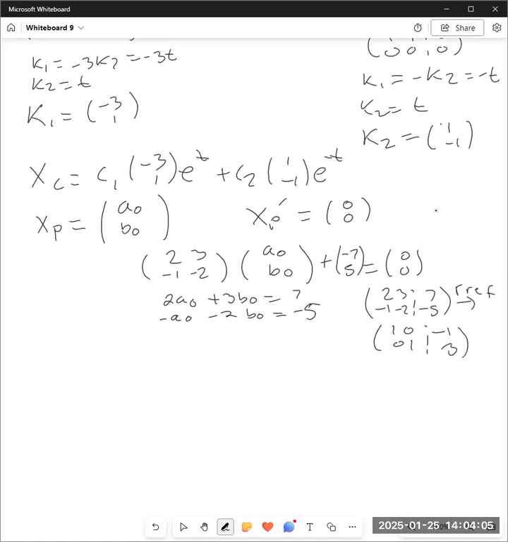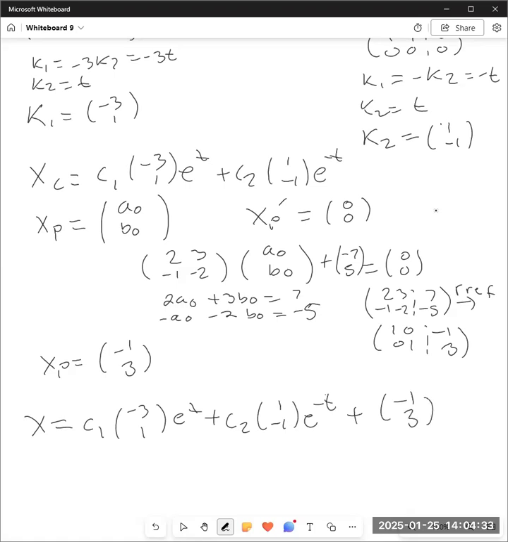And so that tells me that my xp is [-1, 3]. So I'm going to come back here and say X is equal to C1 [-3, 1] e to the t plus C2 [1, -1] e to the negative t plus [-1, 3].